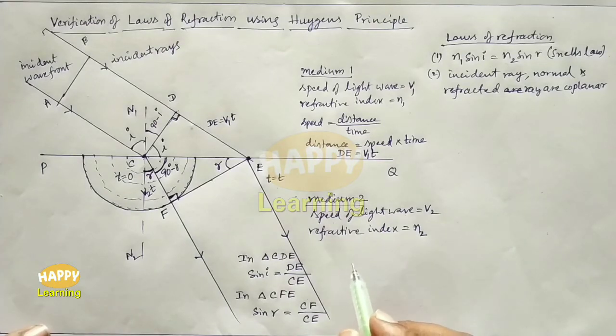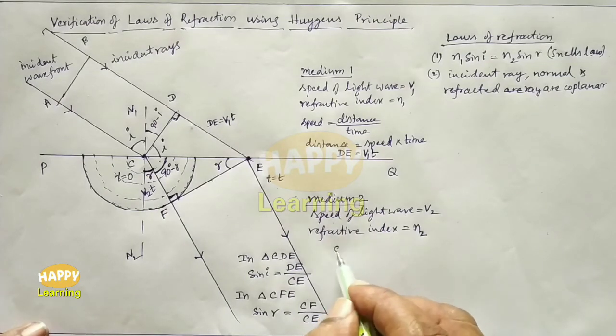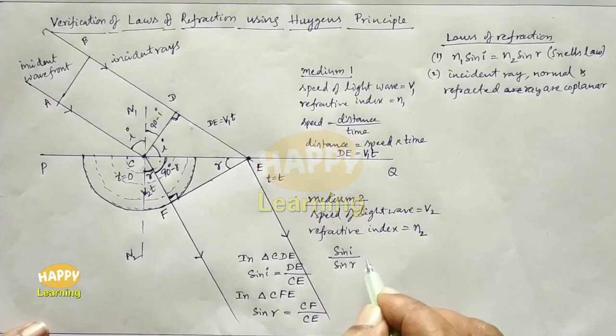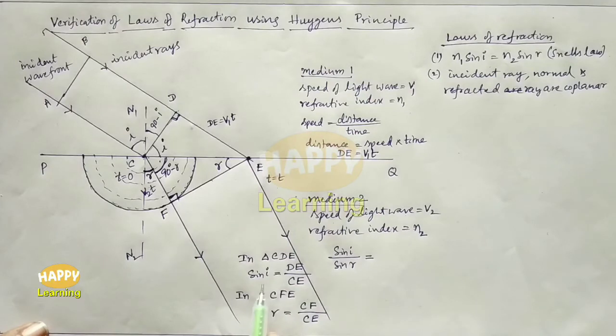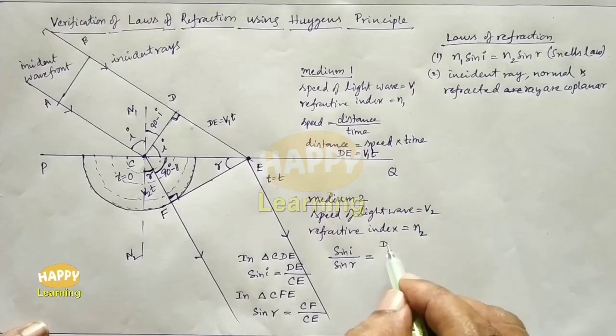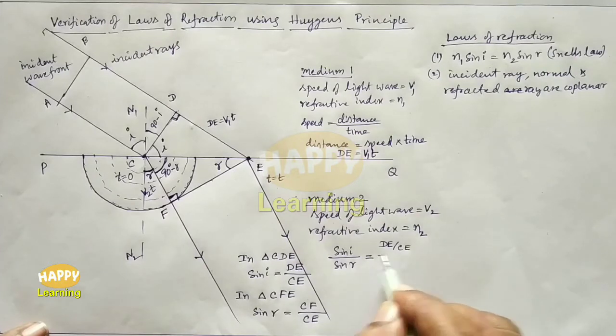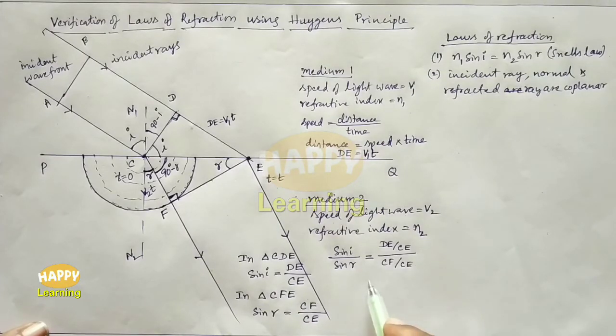Right. Now, sin I by sin R is equal to DE by CE divided by CF by CE. CE gets cancelled.